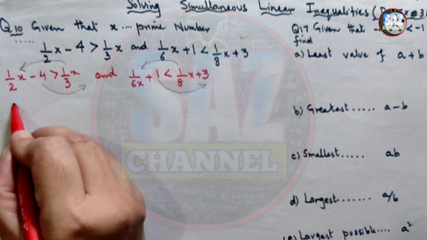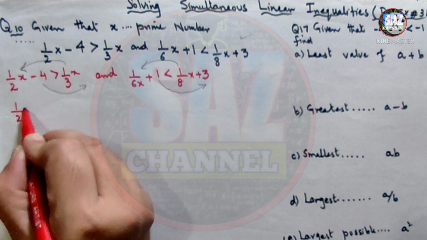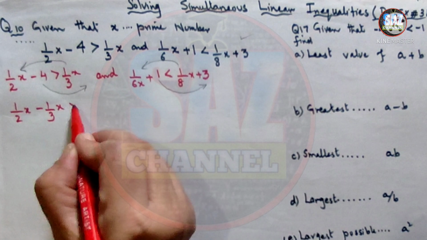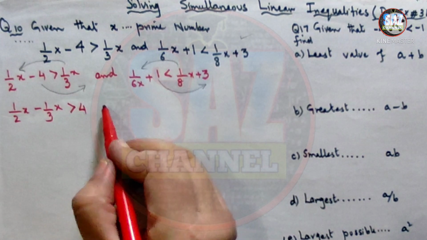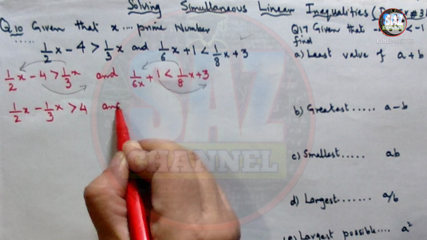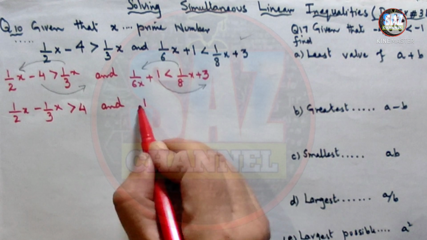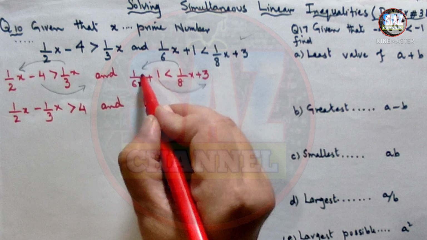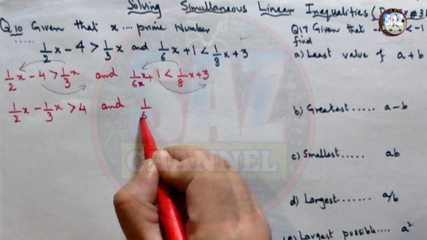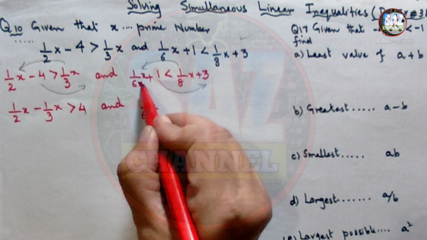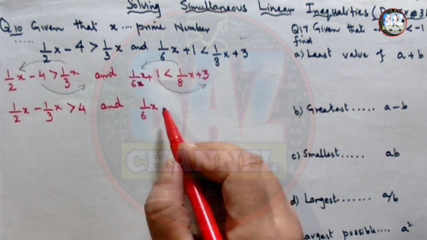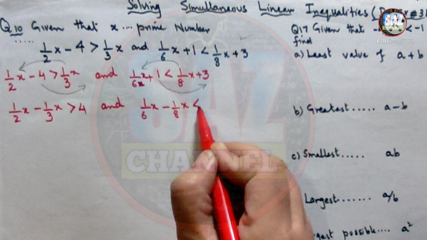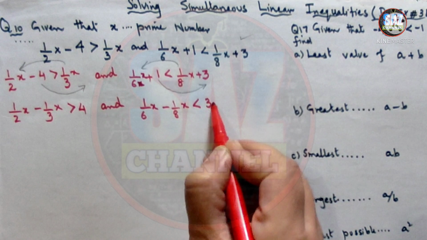So the question will take the form 1/2 x minus 1/3 x is greater than 4, and 1/6 x, this x is in the numerator, minus 1/8 x is less than 3 minus 1.